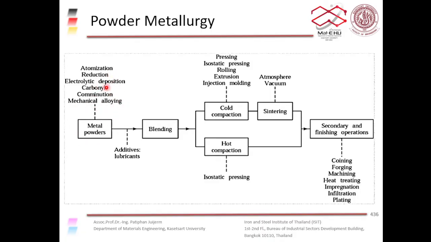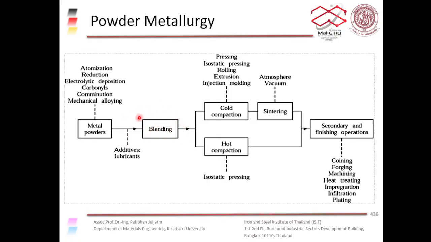Then you mix them together in the proportion that you want, either mixing the pure elemental metals, copper powder and zinc powder, to produce brass, or you can produce brass powder and use that brass powder straight away.